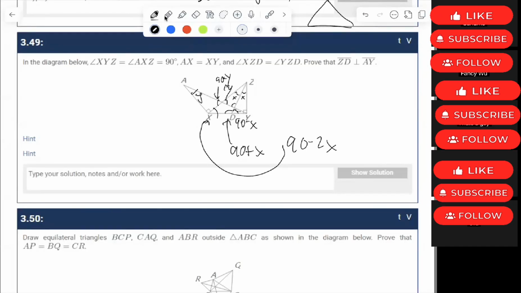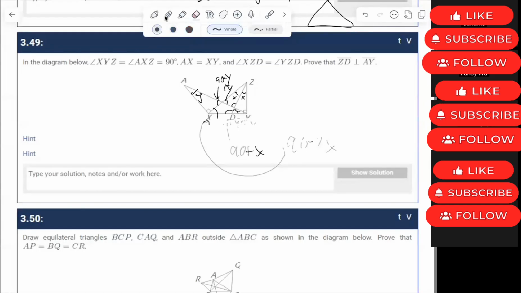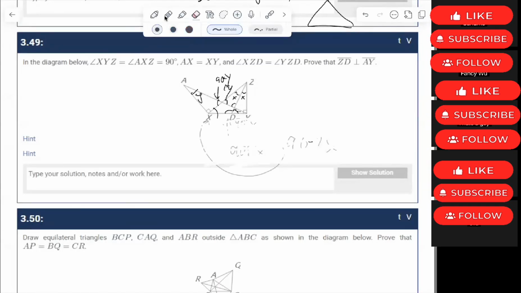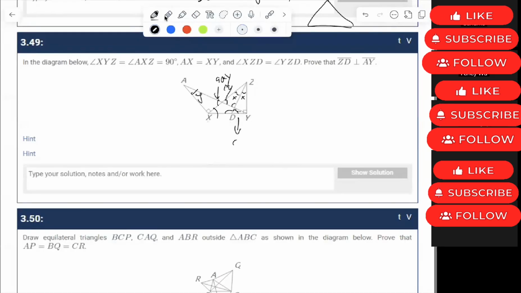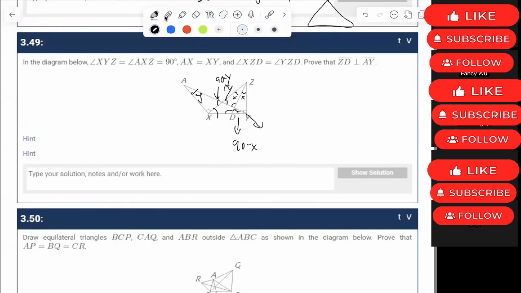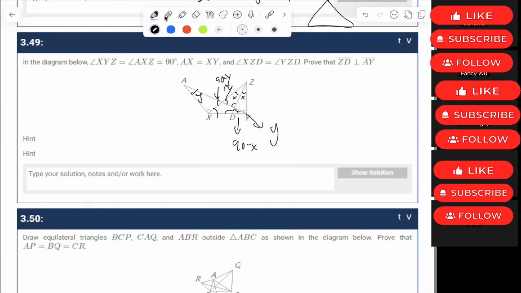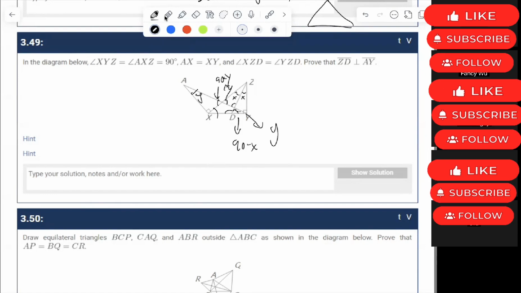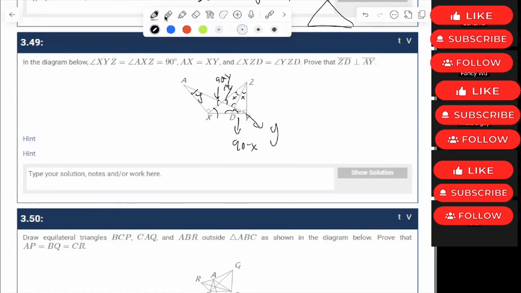And we have these two angles. What are these two angles, right? Well, we know that this is 90 minus x and these angles are the same. So this must be, remember, this is also y. That's 90 minus x. And this is going to be y then. And what is this?